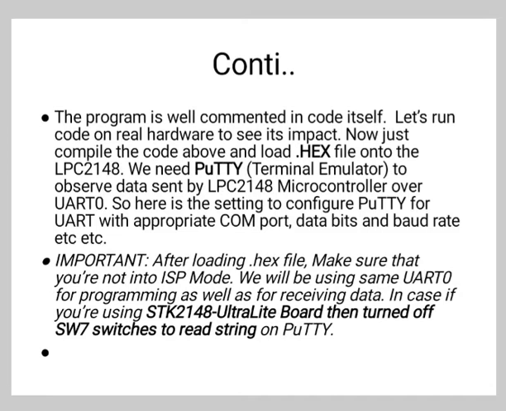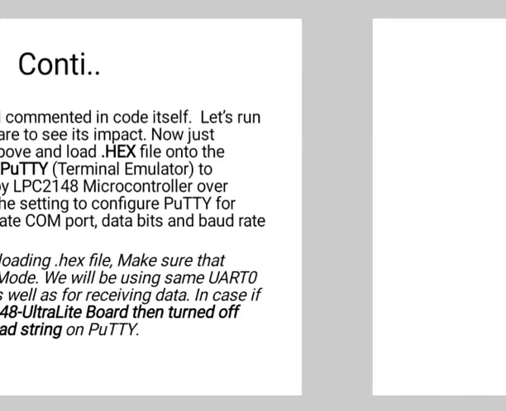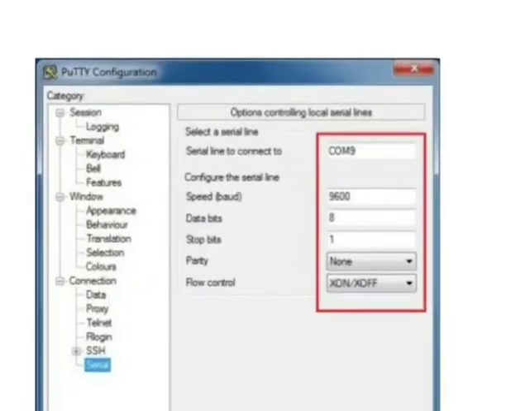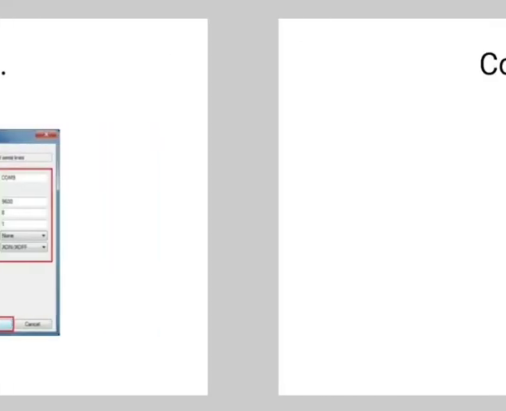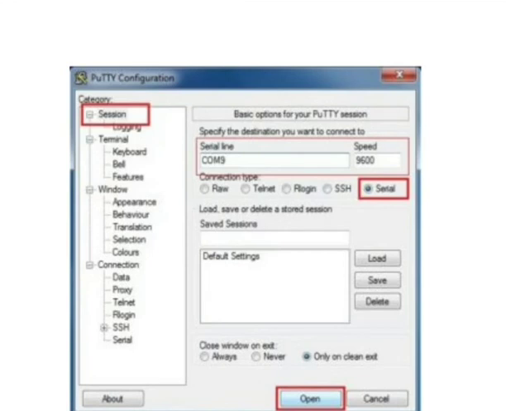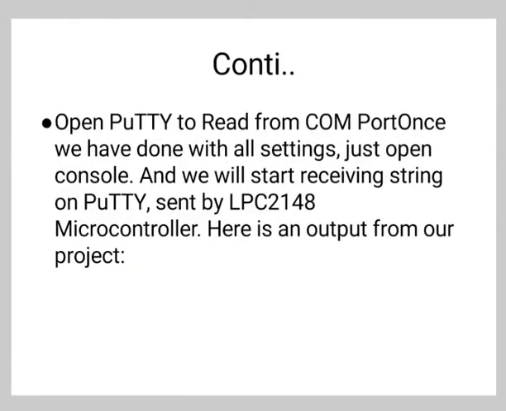In case we are using the STK2148 ultraline board, then turn off switch 7 to read the string on PuTTY. So here is the configuration with the UART0. Next, open this PuTTY configuration to read from the COM port.